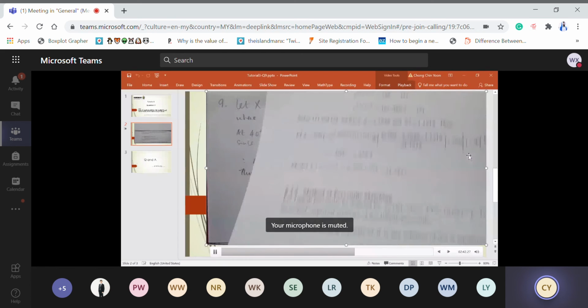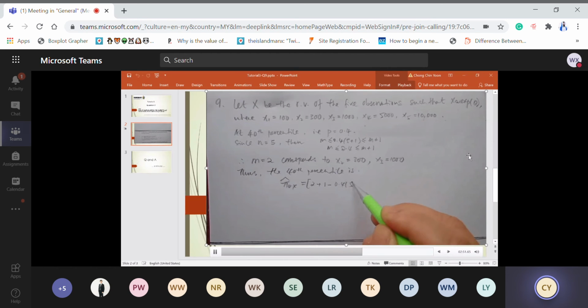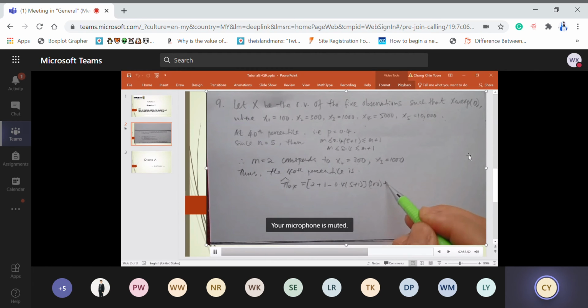So we will have 2 plus 1 minus 0.4 multiplied by n plus 1, multiplied by x2, that is 300, plus 0.4 multiplied by n plus 1 minus 2, multiplied by x3, that is 1000. So this will give 580.